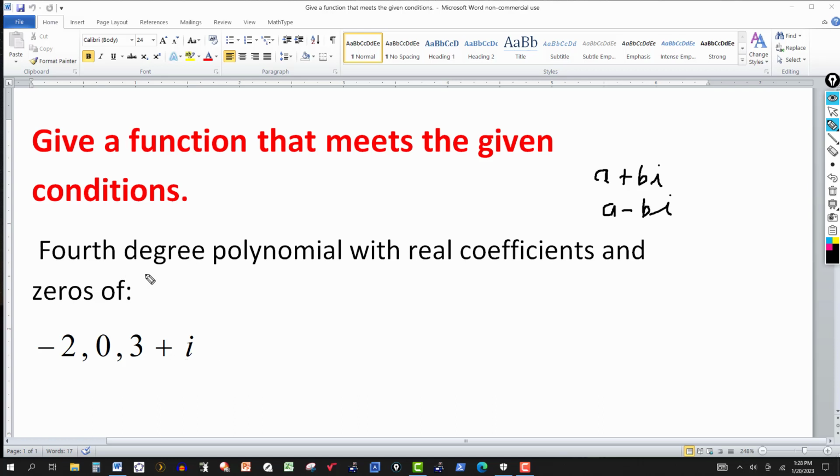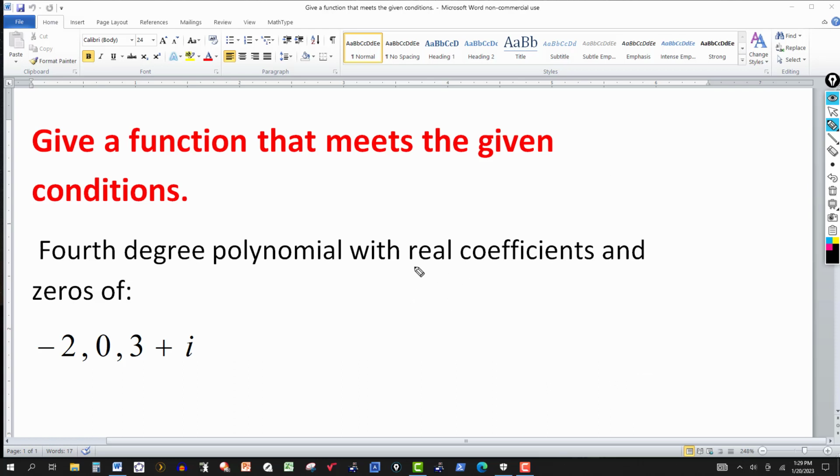From basic theorems of algebra, if r is a zero of some polynomial, then x minus r is a factor. If 2 is a zero, then x minus 2 has to be a factor. That's from the factor theorem. If 0 is a zero, then x minus 0, or x, is a factor.